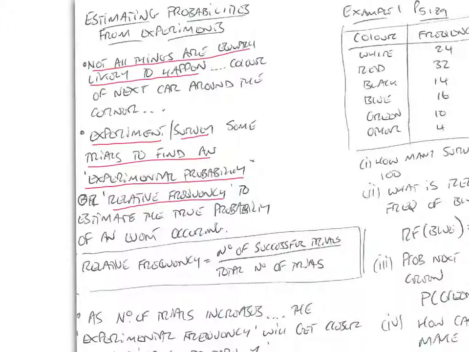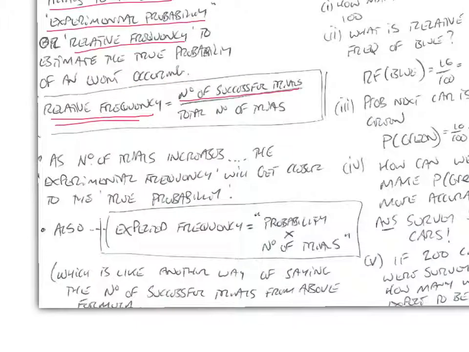So we use this formula: the experimental probability or the relative frequency is equal to the number of successful trials divided by the total number of trials. And statisticians have found that as the number of trials increases, in other words, the more trials we do, the experimental frequency, or the relative frequency, will get closer and closer to the true probability of that event happening.